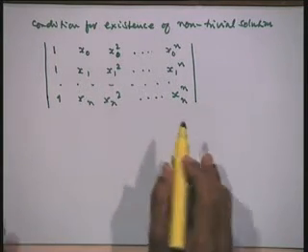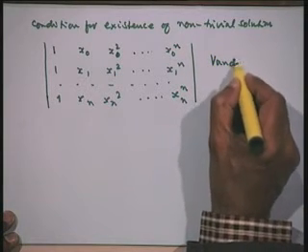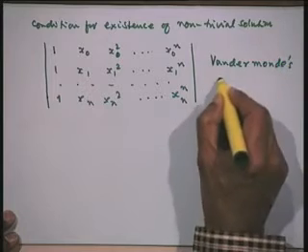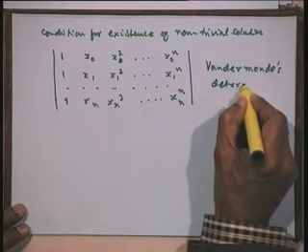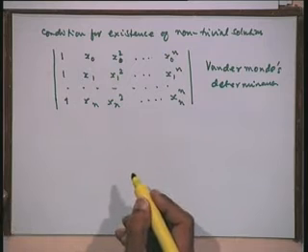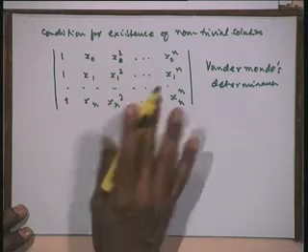This determinant has a name, it is called Vandermonde's determinant. Now, we can expand this determinant by the rules of evaluating the determinant.